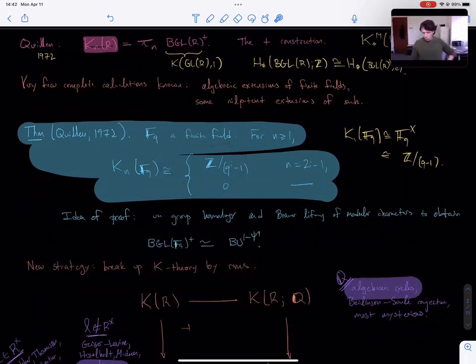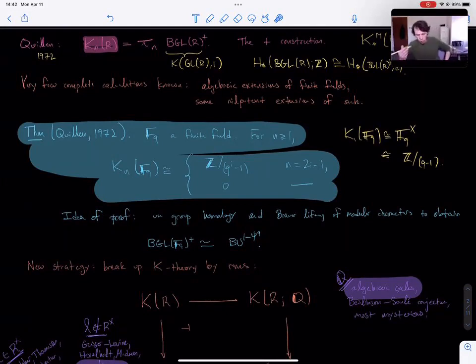How does Quillen prove this? It's kind of an insane proof. It makes heavy use of group homology, which I'm trying to sort of preview here. It also uses so-called Brauer lifting of modular characters to get from modular representation theory to at least virtual complex representations.